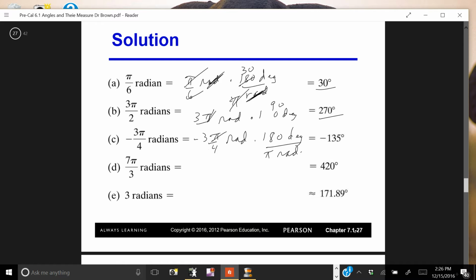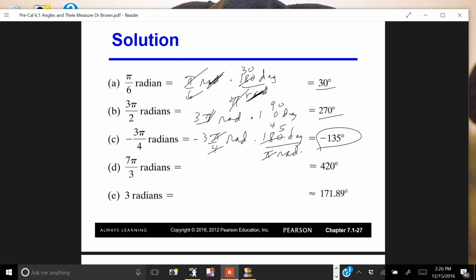Pi's cancel. 4 goes into 180 45 times. So minus 3 times 45 is minus 135 degrees.